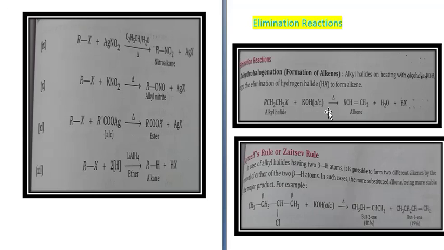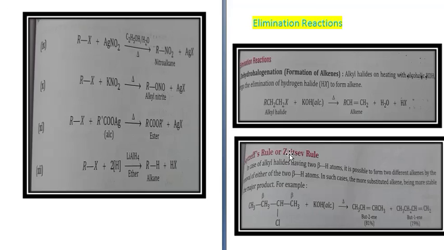When alkyl halides are heated with alcoholic KOH, they lose one HX. From one carbon hydrogen is lost and from the other carbon halogen is lost. H and X are removed from one carbon each, and the single bond between the two carbons gets converted into a double bond, and you get an alkene plus H2O plus HX.